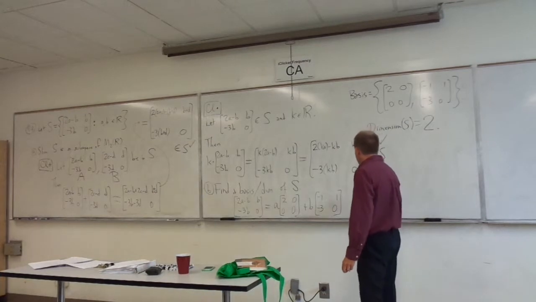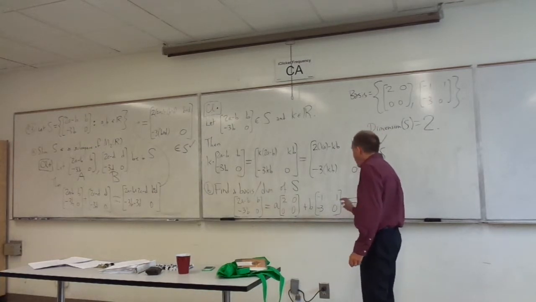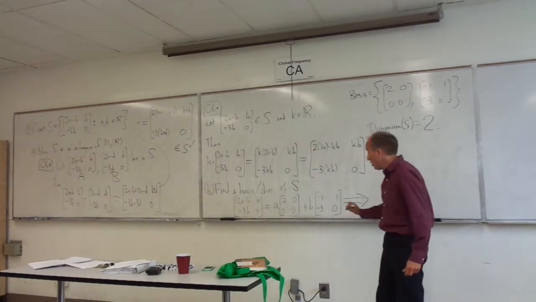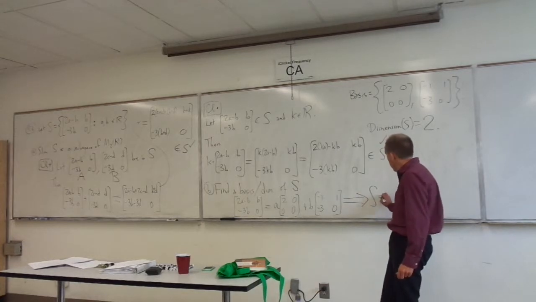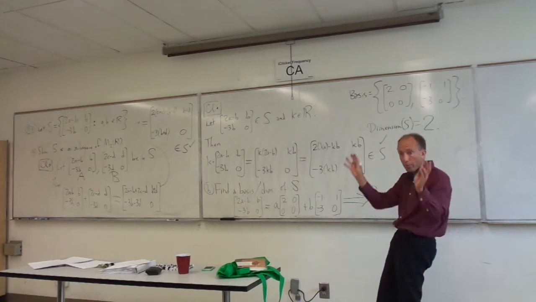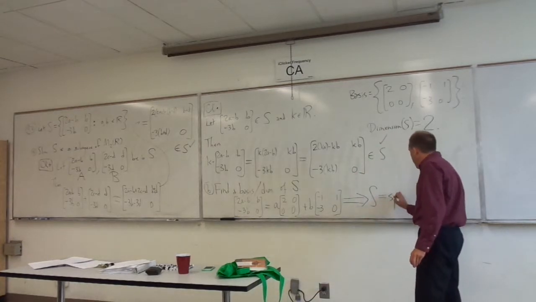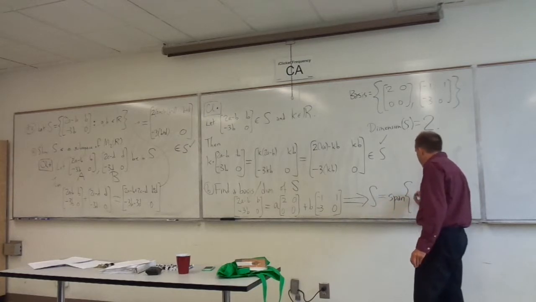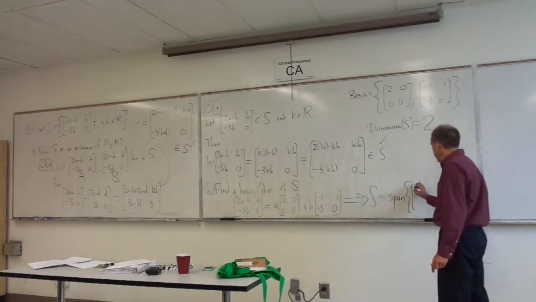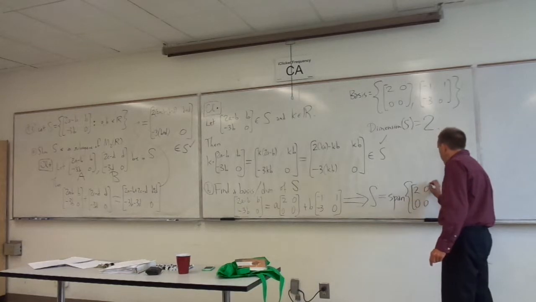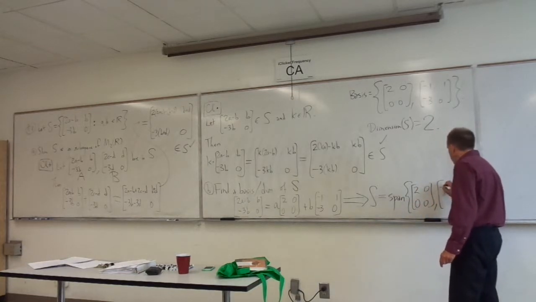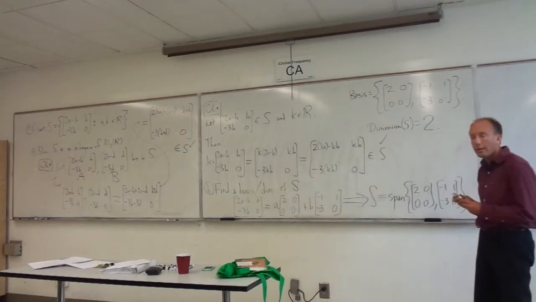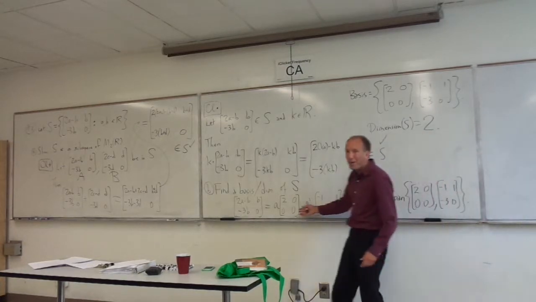Based on this equation, we could have said that S, the subspace we're trying to look at, is actually the span of these two matrices. It's just the span of those two things, and that is pretty clear just from this equation.